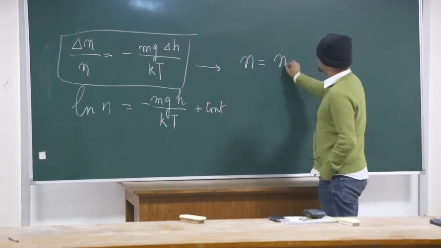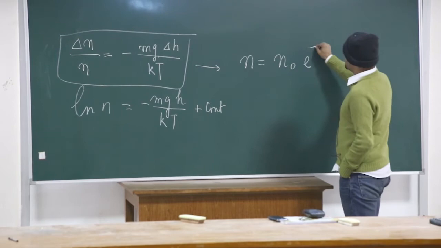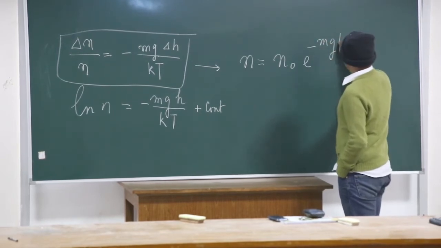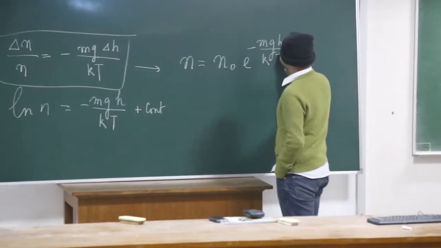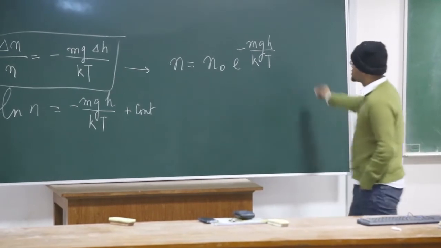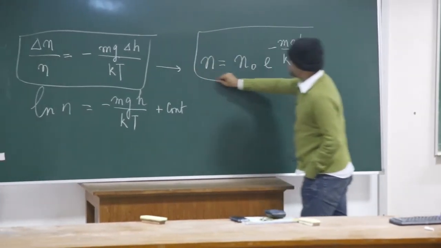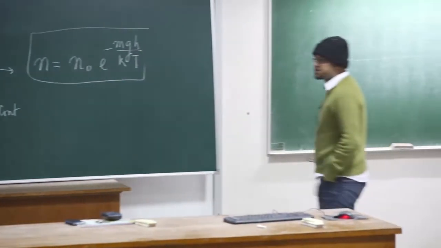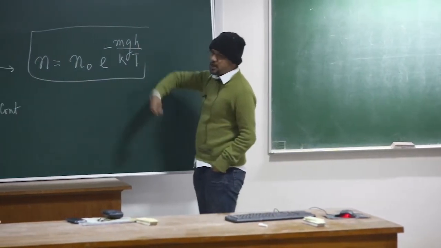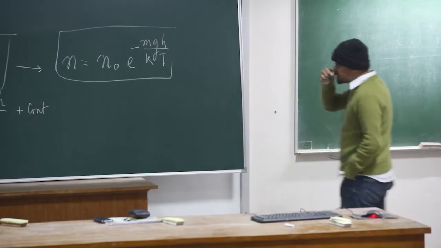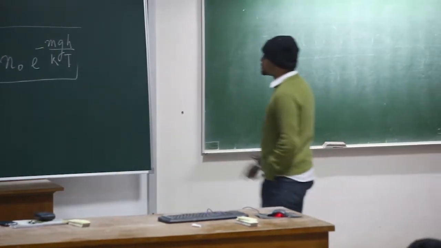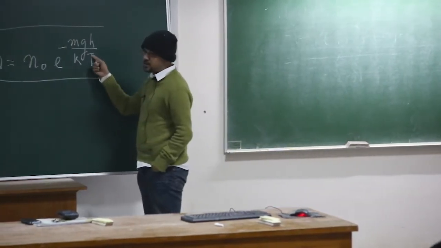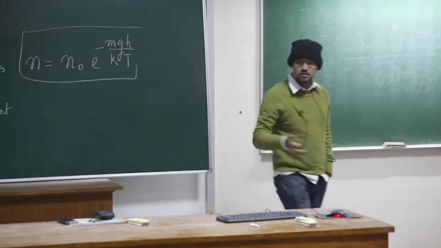So you can simply write this as some constant N0 e to the power minus mgh by kT. So this is the law. In fact, this is a very famous law, how particle densities just fall off exponentially as we go higher and higher up. So the decrease is exponential, but that's only provided that all the molecules are at an average temperature T.